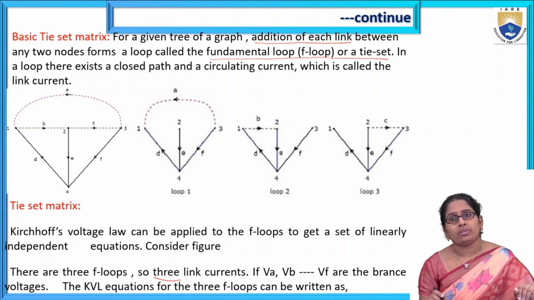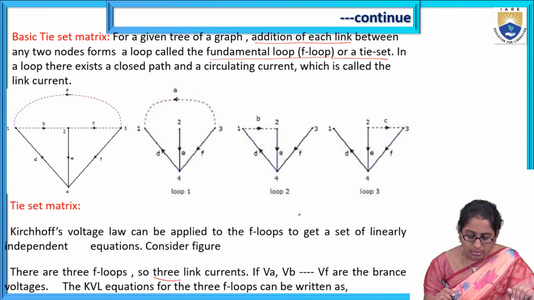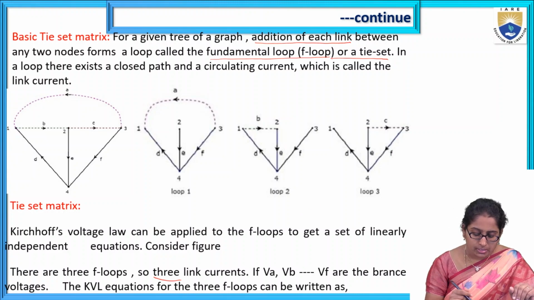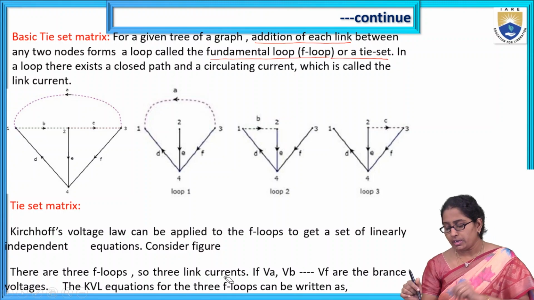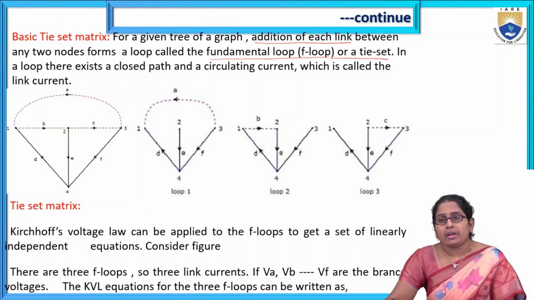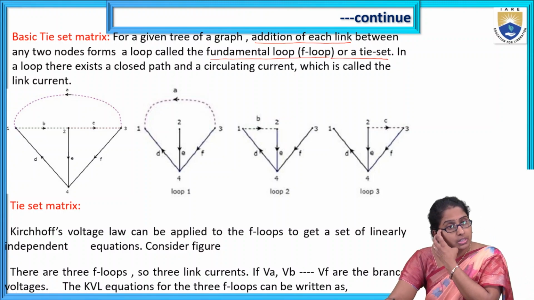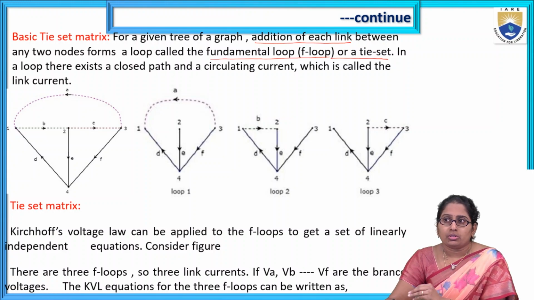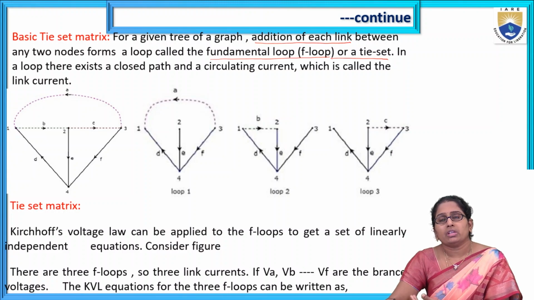Then the KVL equations for the fundamental loops can be written as, let's see the next slide. To write down the tie set matrix, finally KVL is applied in each loop, using the sign convention for the KVL equation in terms of branch voltages.